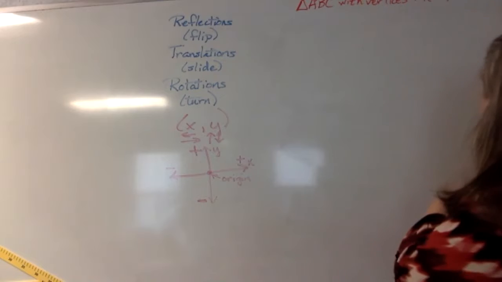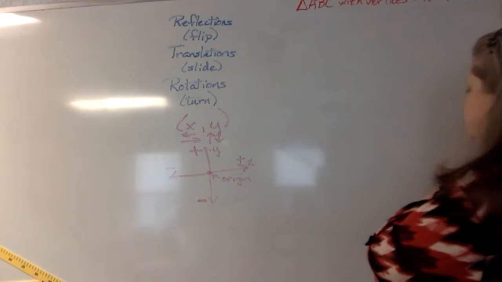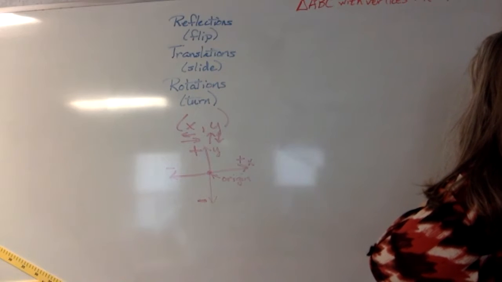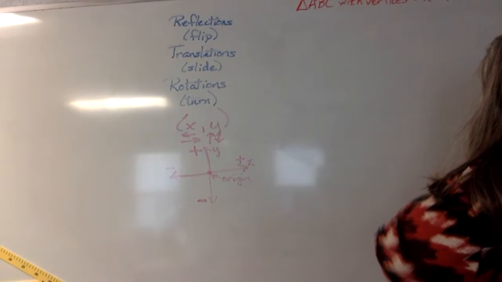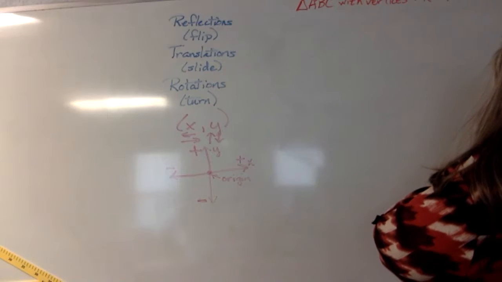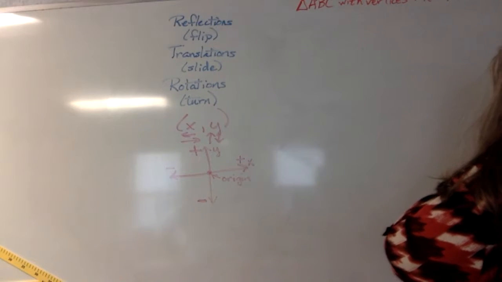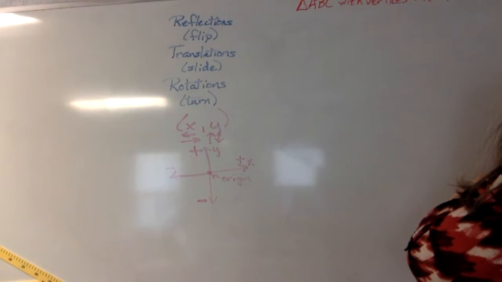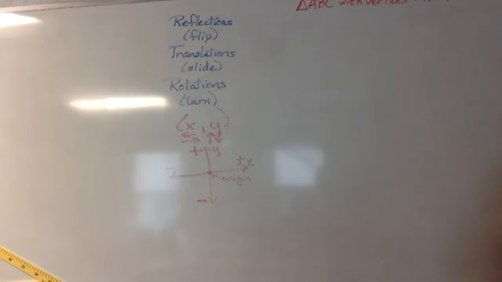B, sorry, is at 0, 2. And then C is at 2, 4. Okay. So I have my triangle ABC, and these are its vertices. A is at -3, 1. B is at 0, 2. And C is at 2, 4.